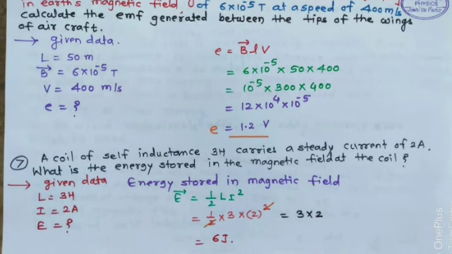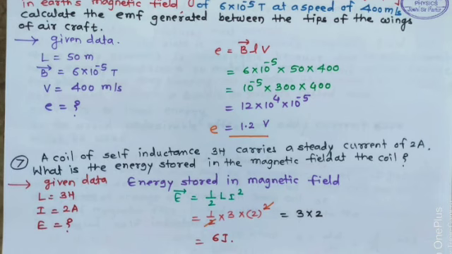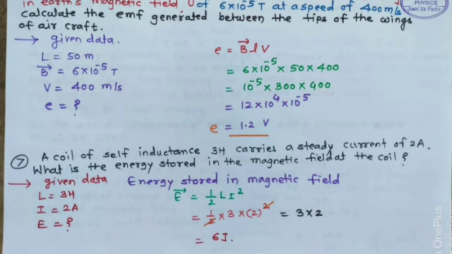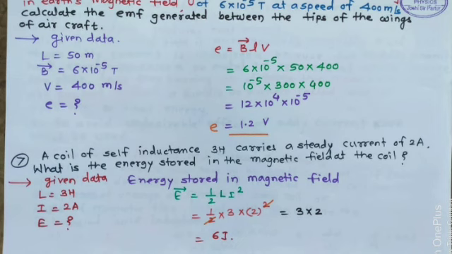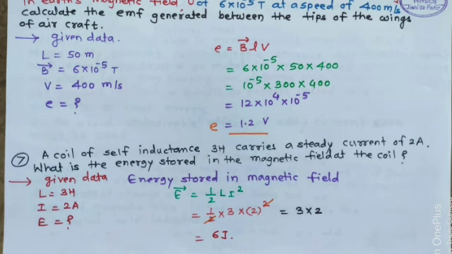The energy stored in a magnetic field formula is E equal to half L I square. Substitute the values: half into 3 into 2 square, 2 gets cancelled, 3 into 2 gives 6 joule. So the energy stored in the magnetic field will be 6 joule.